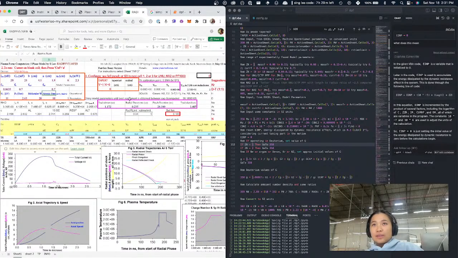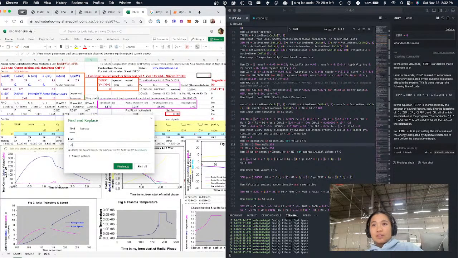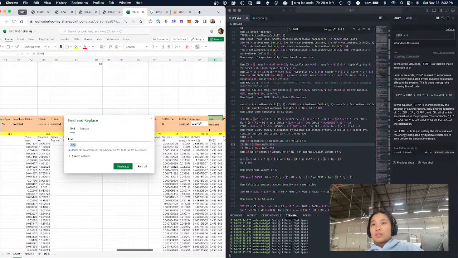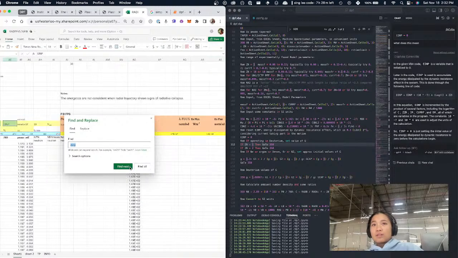I'm so sleepy. Okay. Yeah, I'm not seeing where this E, I, and P value is. Oh, way over here. Okay. Finance.